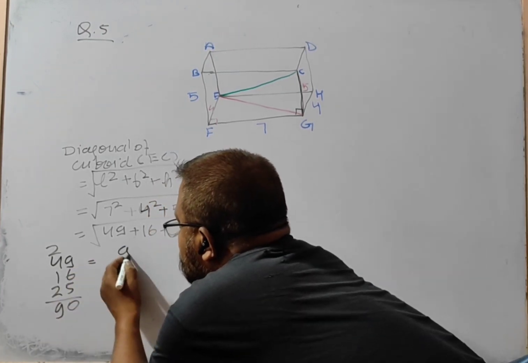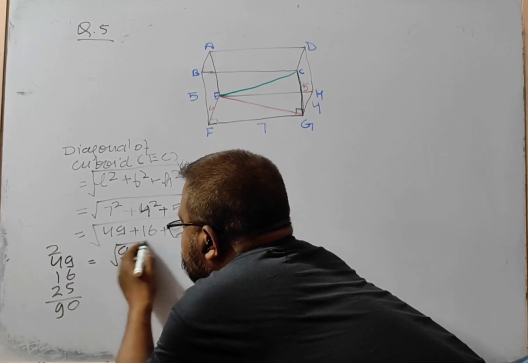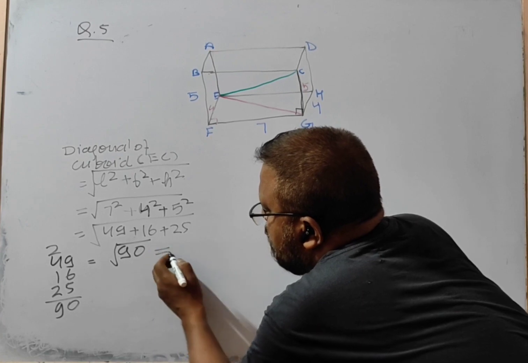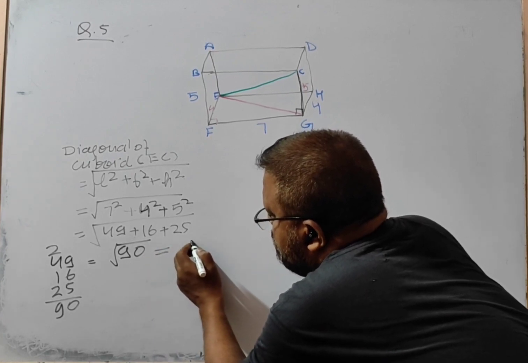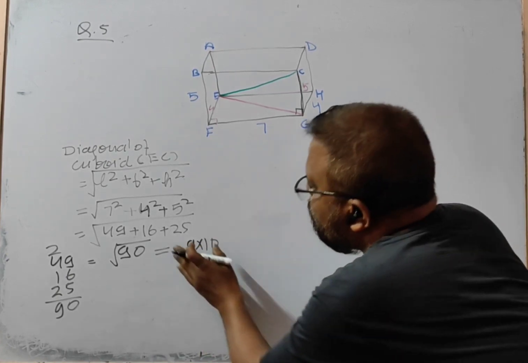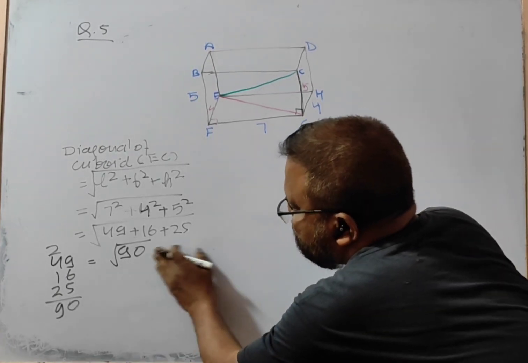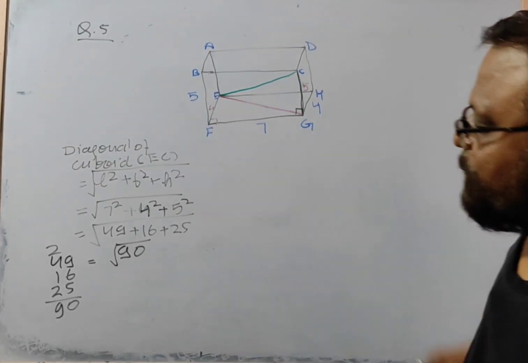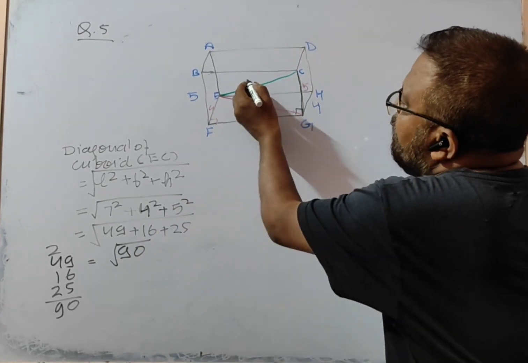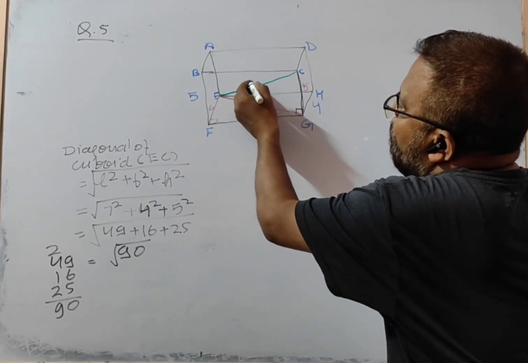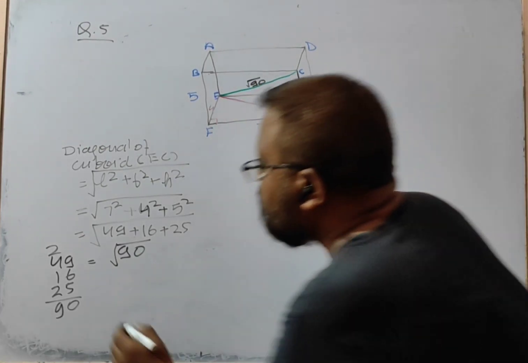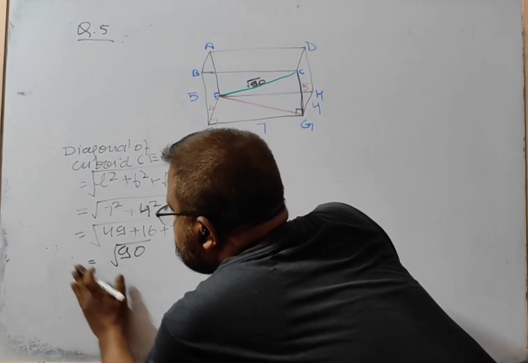So root 90, right? The square root of 90 can be written as 9 into 10. Root 90. Fine. So EC is root 90.